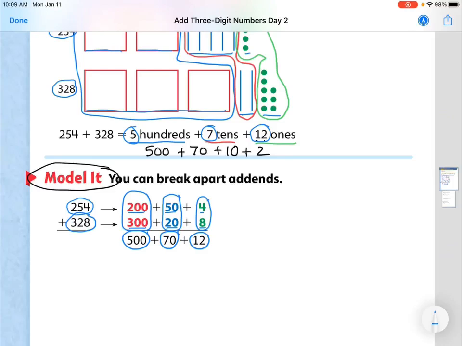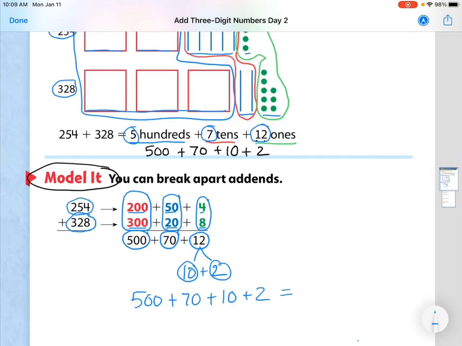Again, you know that 12 is the same thing as 10 plus 2, right? So we could rewrite this out and say 500 plus 70 plus, instead of 12, we could do the 10 and the 2 and get our answer that way, okay?